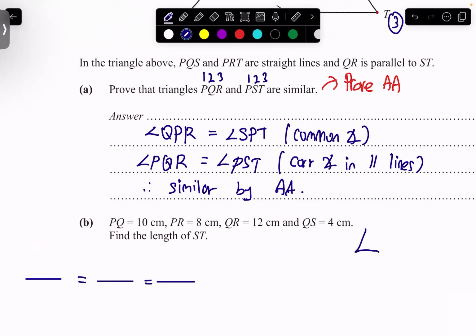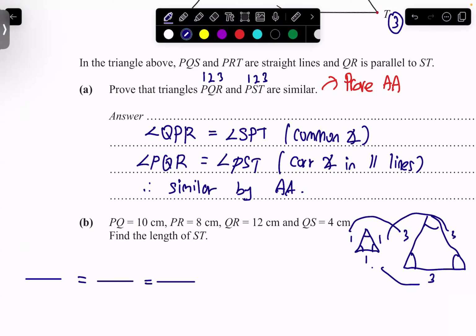For example, let's say this is an equilateral triangle, all the angles are 60 degrees. Compared to another triangle, which is also 60, 60, 60, but this one is 3, 3, 3. So the ratio of each side is 1 to 3, 1 to 3, 1 to 3. The ratio must be the same for similar triangles.